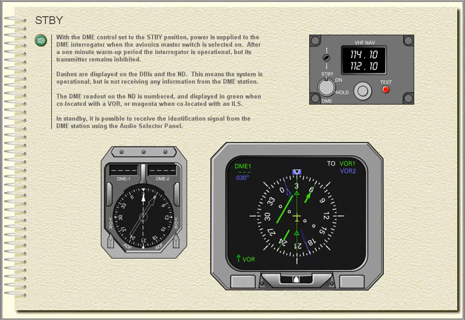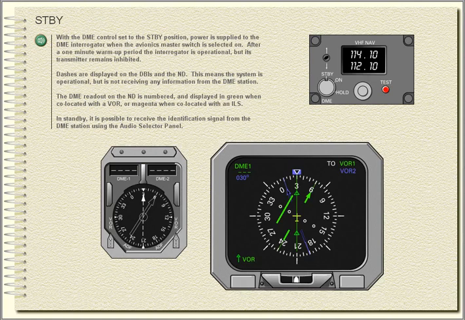After a 1-minute warm-up period, the interrogator is operational, but its transmitter remains inhibited. Dashes are displayed on the DBIs and the ND. This means the system is operational, but is not receiving any information from the DME station.